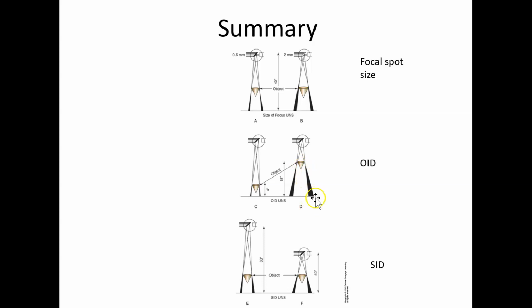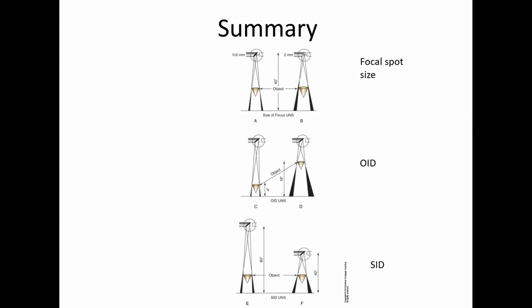Larger the OID, the greater the penumbra. And then here is the demonstration of what happens with SID. When you have a longer SID, you have less penumbra. A shorter SID gives you a greater penumbra. And that penumbra represents the blur caused by the line focus principle.